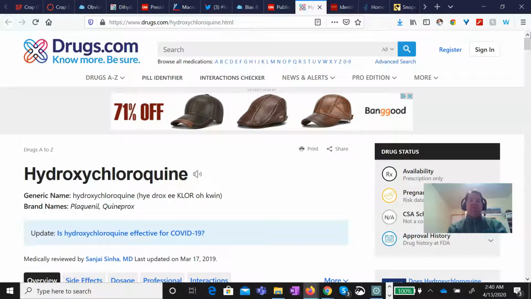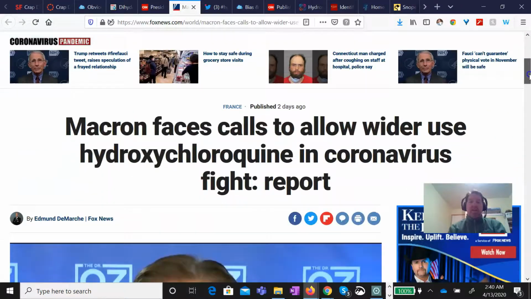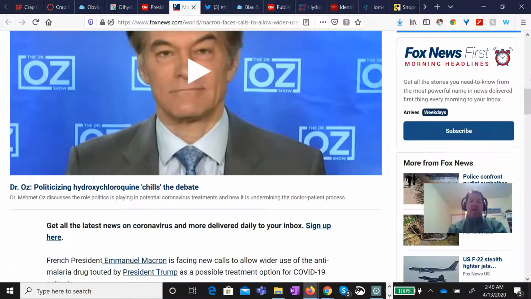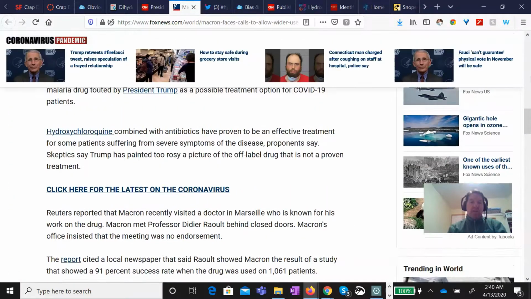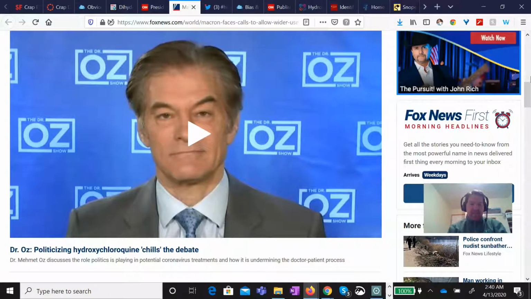So, just even opening up one, but again, using our bias chart, remember the CNN is a little bit on the left. What if you looked a little bit on the right and see what kind of things they talk about? So, like this one saying they want water use, right? There's even an ad here for Dr. Oz, and it discusses the role politics is playing in potential coronavirus treatments.